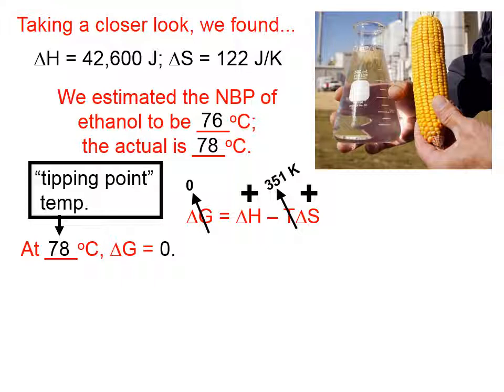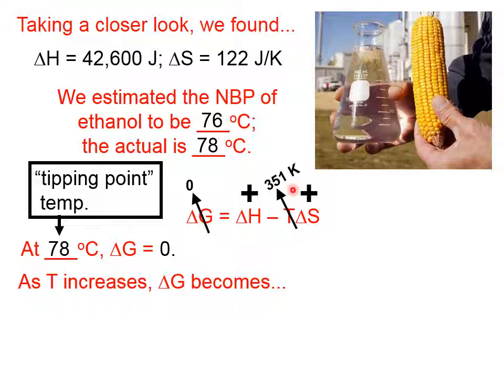In other words, on one side of that temperature, this process is spontaneous. And on the other side of that temperature, this process is not spontaneous. Let's think through this. As the temperature increases, what happens to delta G?